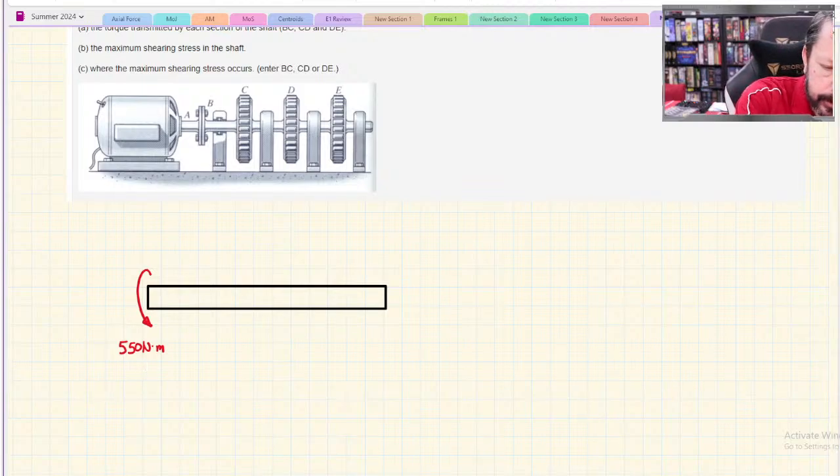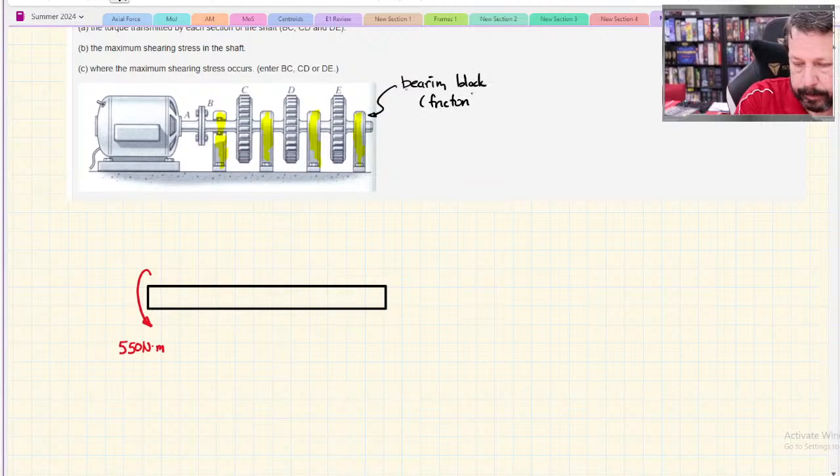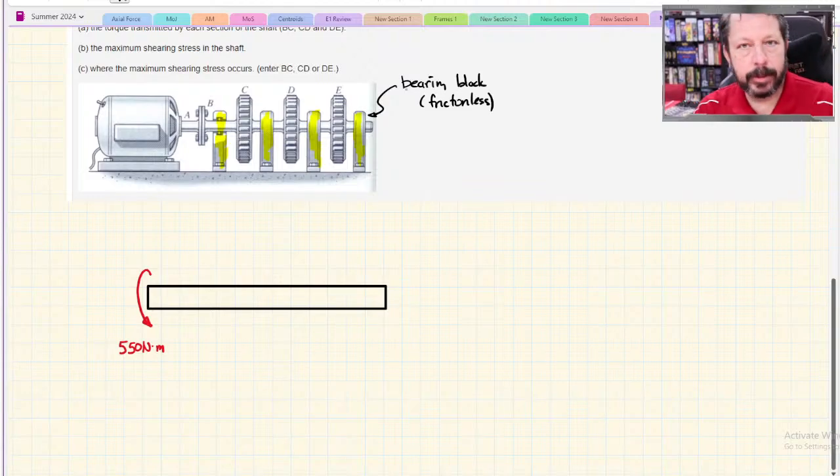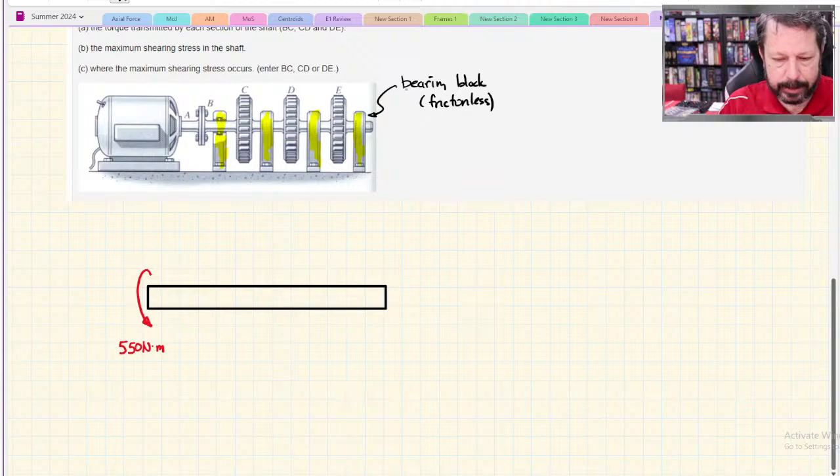These pieces here and here, these are bearing blocks, and we're assuming they are frictionless. So they're like a roller bearing or a journal bearing or something. Actually, this first one does show roller bearing elements in there. It shows like a little cross section.